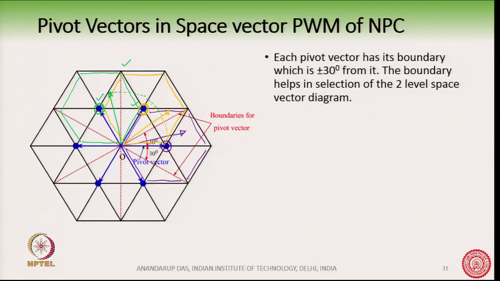These 3 vectors we will switch because it is enclosed by this triangle here, but the pivot vector will be the starting and ending vector for the reference vector at this position. Okay. So, this is how the switching action takes place for the NPC.